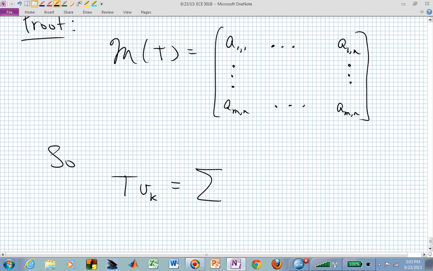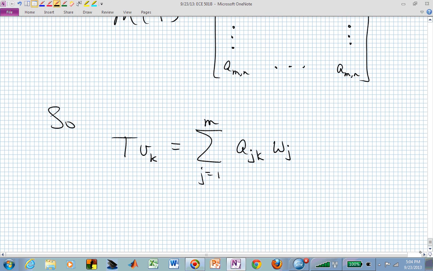That's now just this sum of A. J was the particular output basis vector. The second subscript was associated with the column on the input vector that we're mapping, and this is now going from J equal 1 up to M output vectors, and this is now times Wj. So that's how we would parameterize this linear map of each of the K.